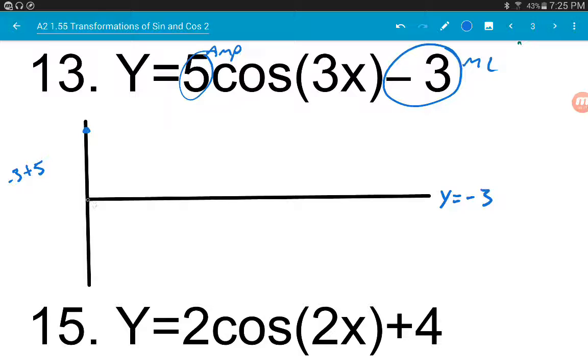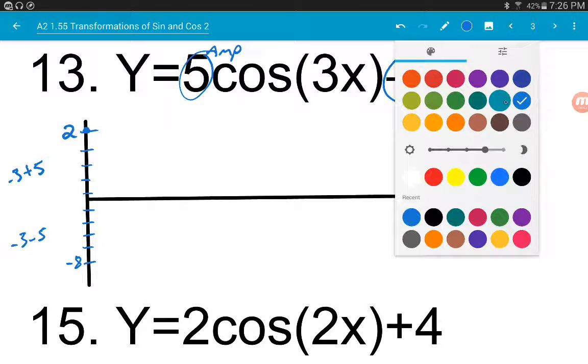So if I start at -3 and I go -2, -1, 0, 1, 2, this is going to be +2. I'm also going to have to go down 5: -4, -5, -6, -7, -8. Of course, because -3 minus 5 would be -8.